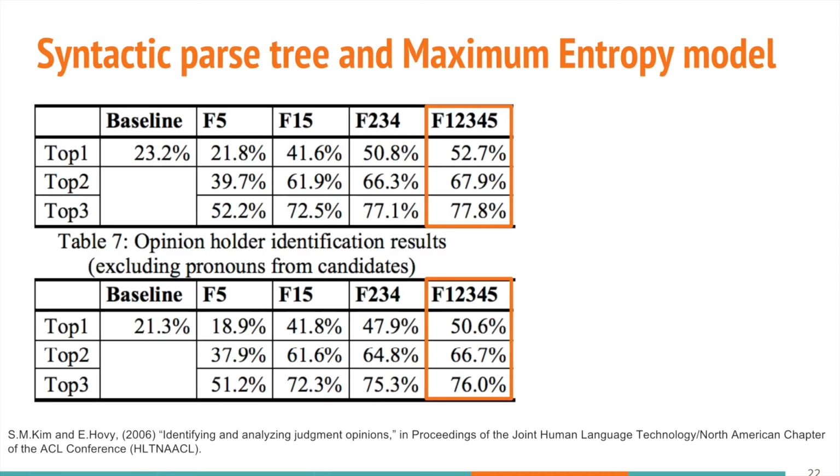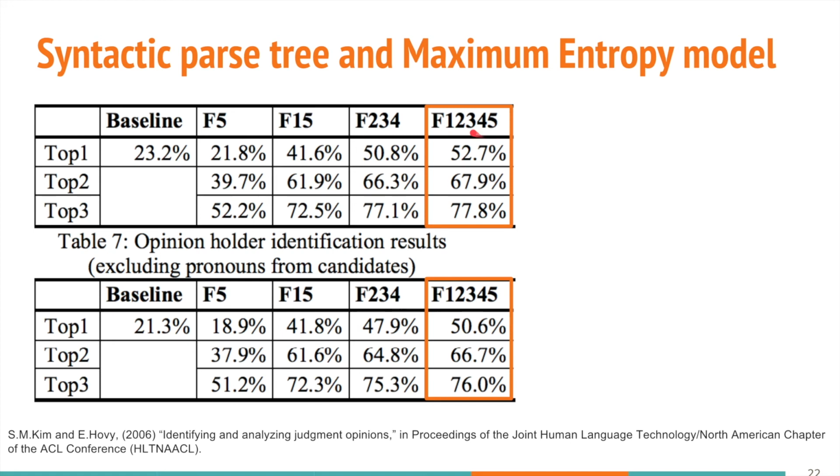This is the result of using syntactic parse tree and maximum entropy model to detect the opinion holder. These different columns are results of using different combinations of features: here it uses only one feature, and here it uses all the features that the author discovered to feed to the model.